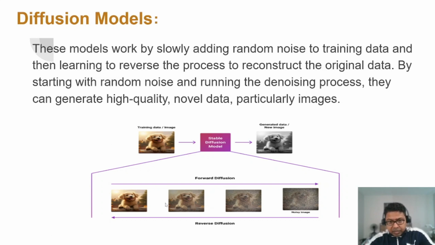If you see below, it adds noise and then does the reverse of that, tries to reduce the noise and remove it, and by reversing that process it generates another image. So this is the image it generates using its trained data. This is another interesting model, the diffusion model, which LLMs use to generate images.